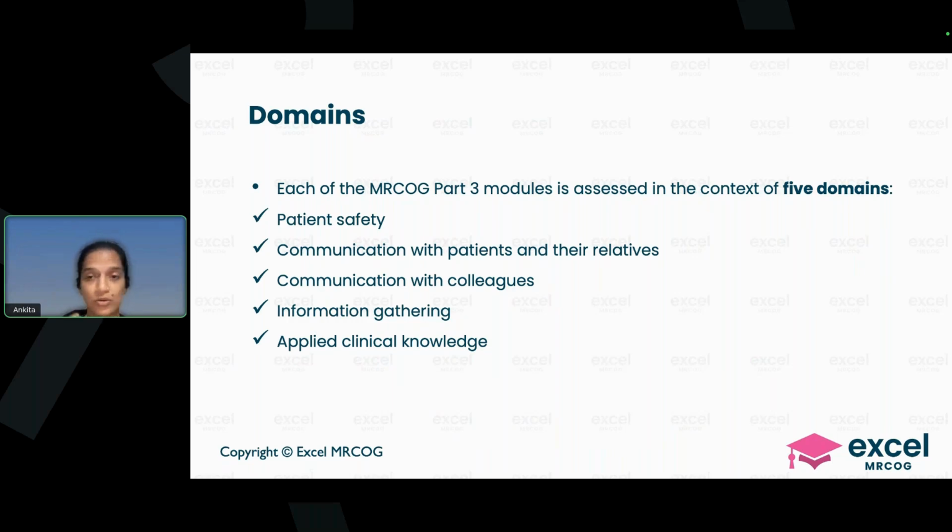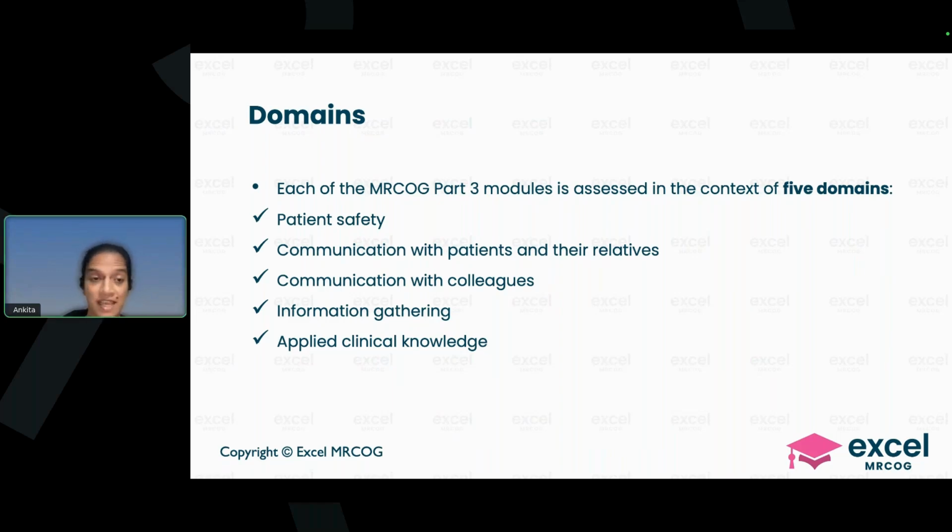So please don't lose marks on communication with colleague, because it is very easy to score on it. At the same time, it is very easy to lose marks on it in case you forget to say MDT in your entire task, say on hemophilia or von Willebrand disease in pregnancy.